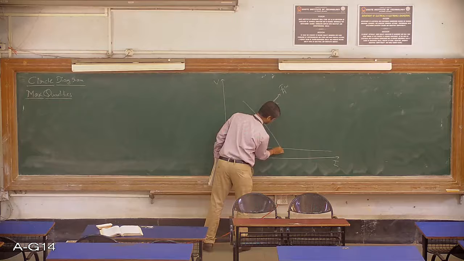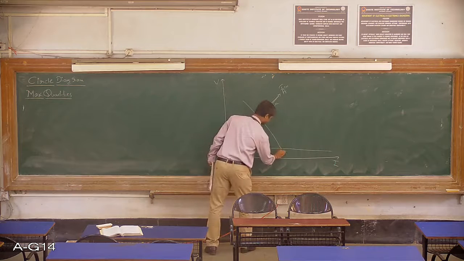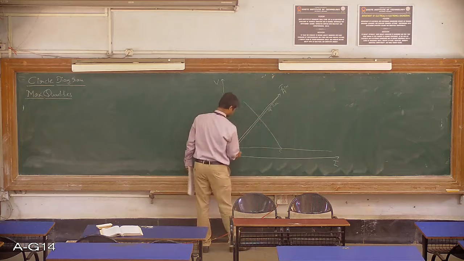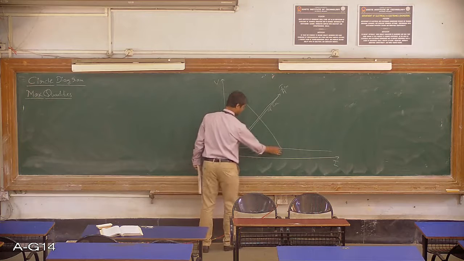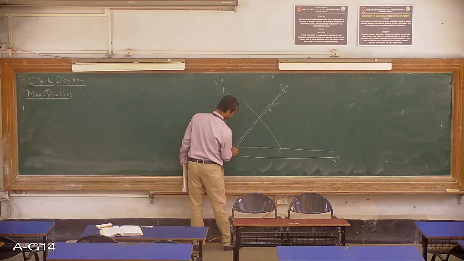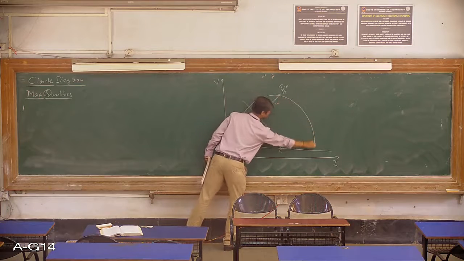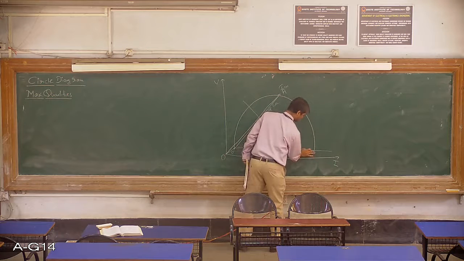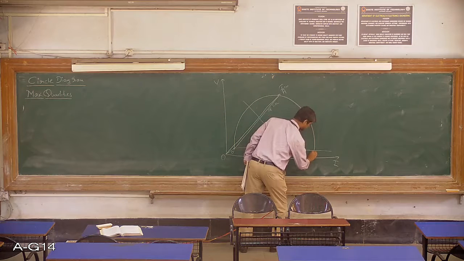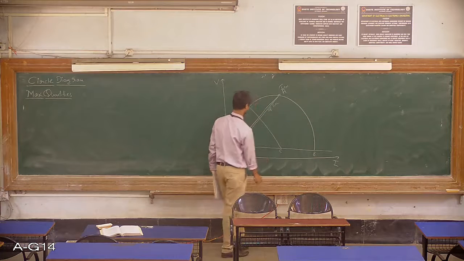Extend the line till it reaches the horizontal line. Now name this as point C, and keeping C as the center and O dash C as the radius, draw a semicircle till it meets the horizontal line at point B.